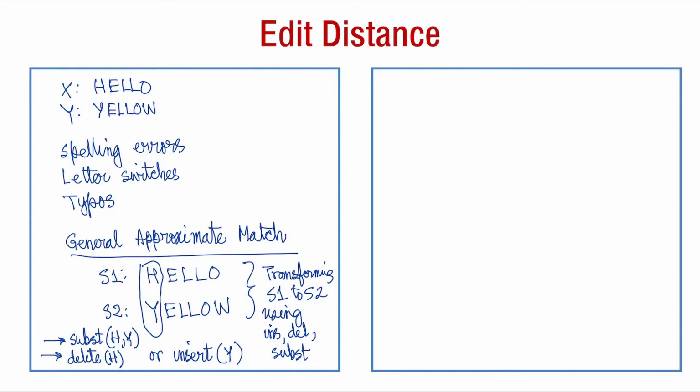And once we assign costs to these operators, we will be able to determine. So we will have costs for each of these operators: insert, delete, and substitute. So we will allow delete on S1, insert Y from S2 into S1, and substitute the elements.